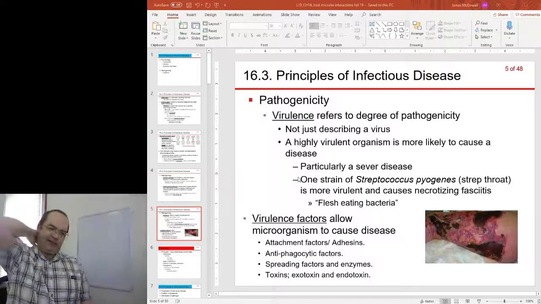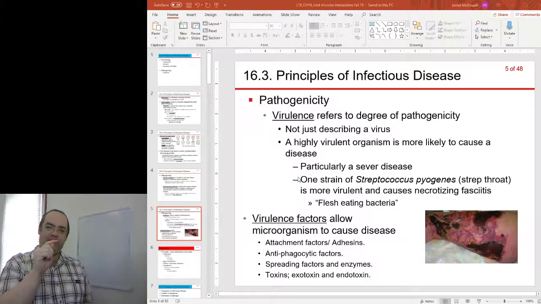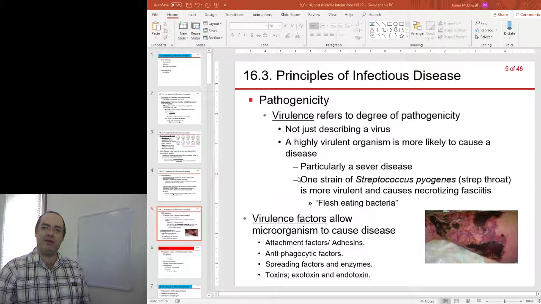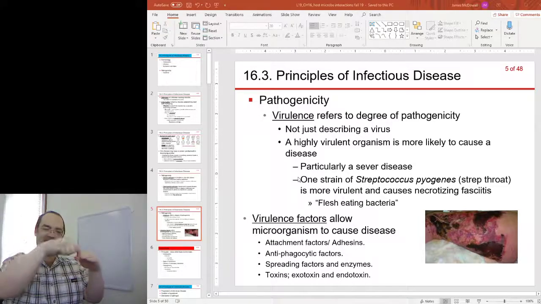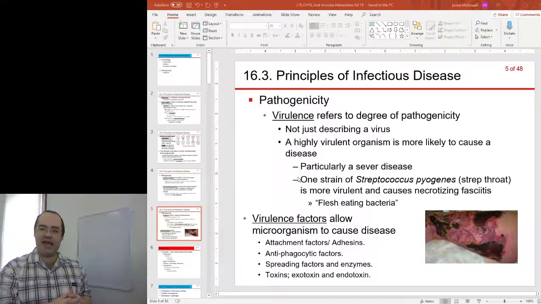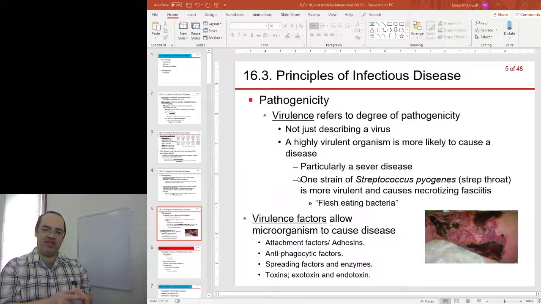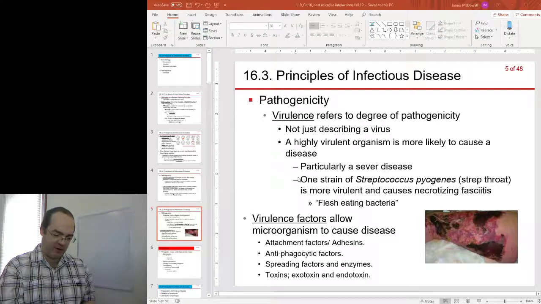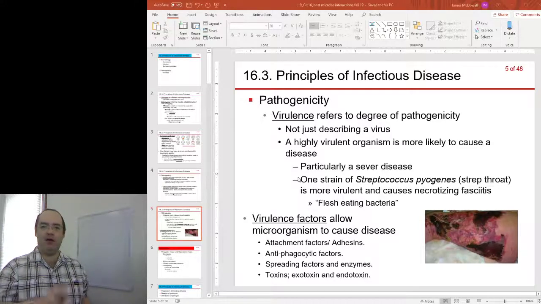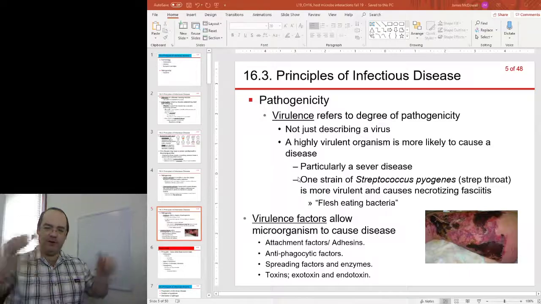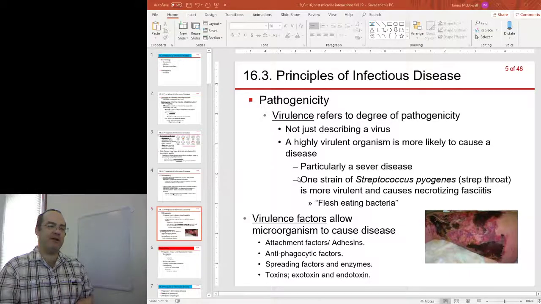But we have seen examples of bacteria that have been made more virulent because they have been infected with bacteriophages, and the bacteriophage has put its genome, the prophage, into the genome of the bacteria, and then the bacteria has access now to a new set of genes. And there are many cases where the very nasty toxins that bacteria can make are only thanks to the phage that put them into the genome of the bacteria.